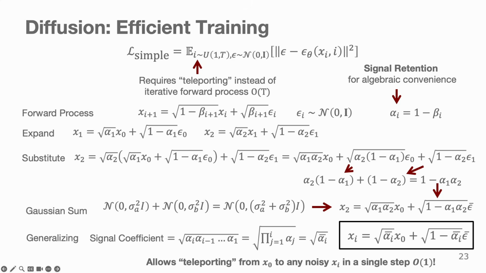And then when you generalize this to t steps, the signal coefficient becomes the product of all the alphas. And then this gives us the final form that allows us teleporting from x0 to any noisy xt in a single step, enabling fast training.